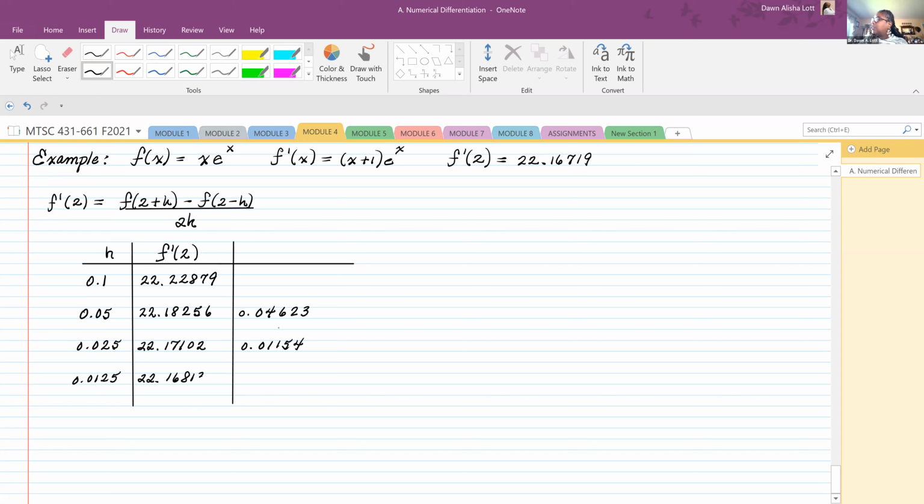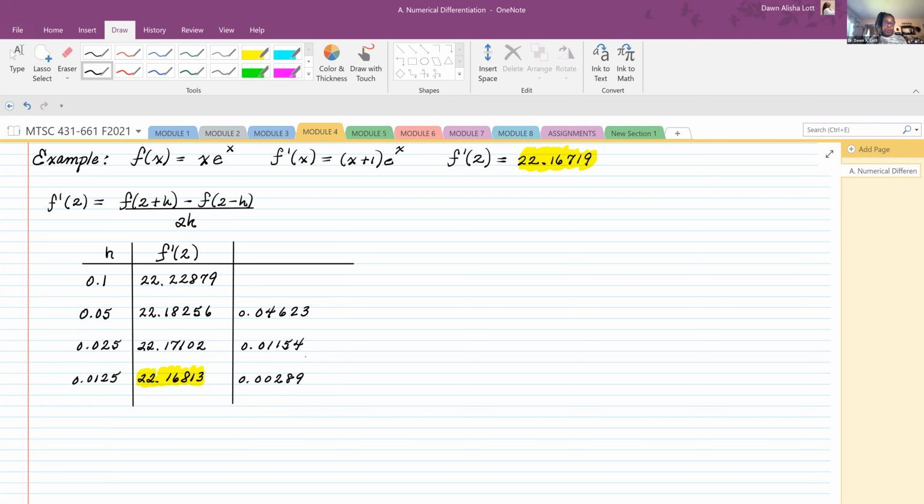And that is pretty good. And now I'm down to 0.00289. Okay, so the second order central difference approximation is wonderful.